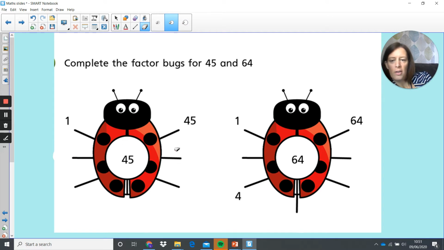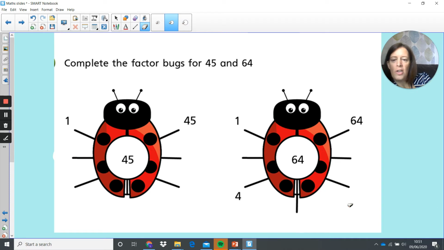Can you find another factor pair, two numbers that go together to make 45 when you multiply, and a different factor pair here? And then when you've had a go at that one, can you find the factor pairs for 64? I've given you that one. You've got to find another pair. And I've given you part of the pair here, so what goes with 4? And then I wonder what's going on here with this one. Who'll work that one out?